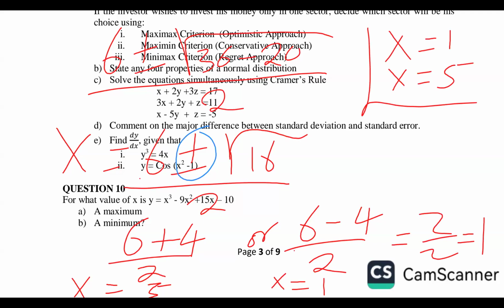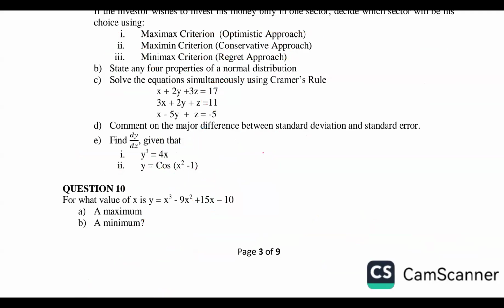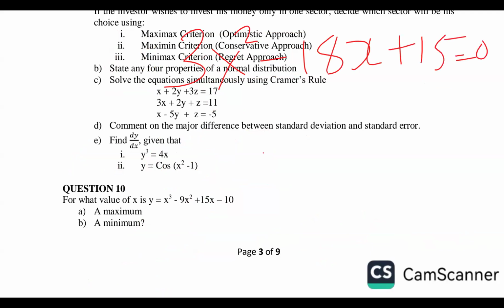From here, we can easily evaluate these in the second derivative. We need the second derivative. Our first derivative was 3x squared minus 18x plus 15, equal to 0. We need to differentiate this a second time. When you derive this using the same power rule, you have 2 times 3, x to the power 2 minus 1, minus 18.